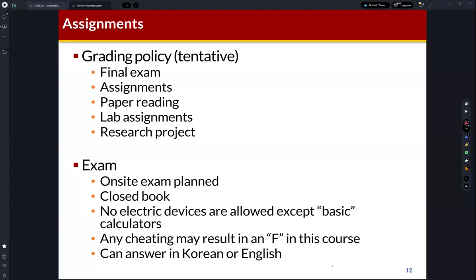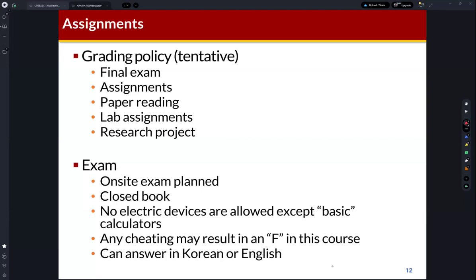I taught this course in 2020, 2022, and this year. This time I hope to focus on research, so I will focus on papers, labs, and the research project for this course.